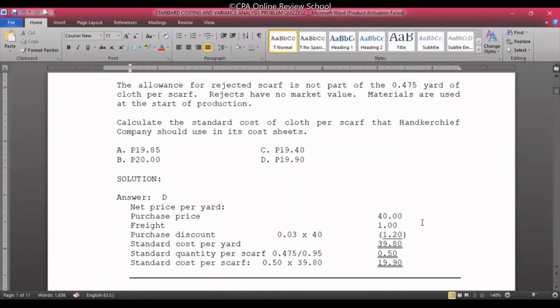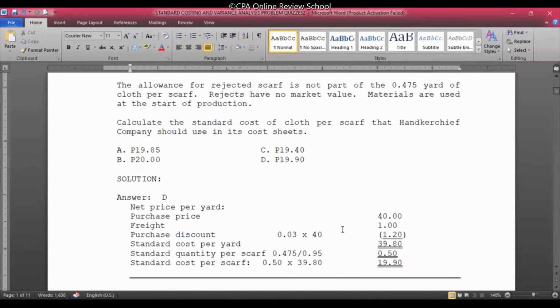So, that is 0.03 times 40. Okay. So, that is 1.2 peso na deduction kasi discount siya. And then, you have your standard cost per yard. So, meaning you have 40 plus 1 less 1.2. That's 39.8.